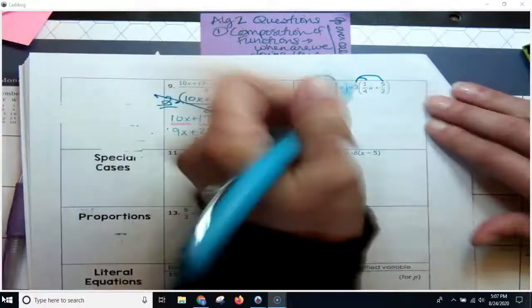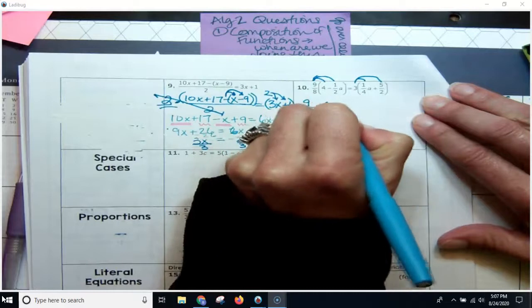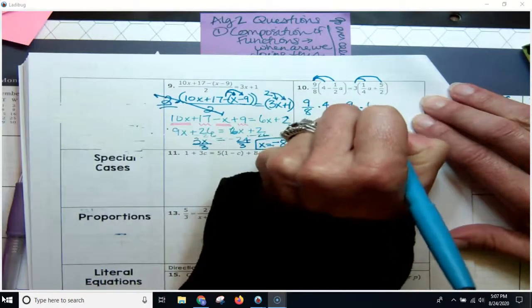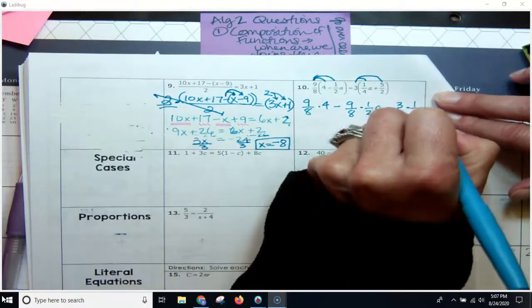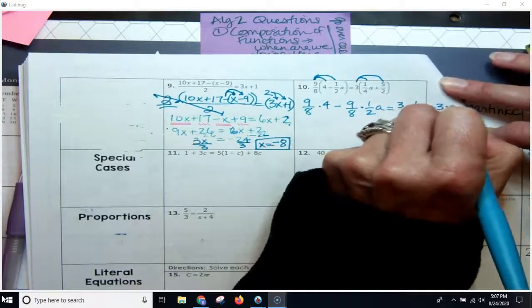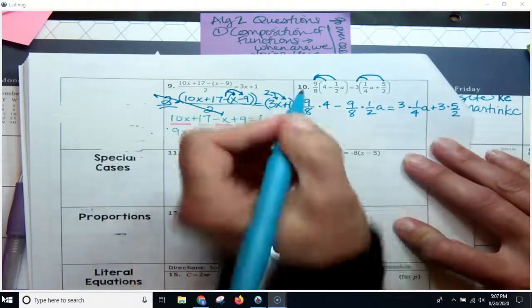Now, 9/8 times 4 minus 9/8 times 1/2 a equals 3 times 1/4 a plus 3 times 5 over 2.